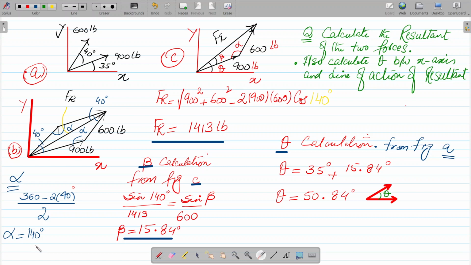So we can put this 140 degrees over here and also over here.